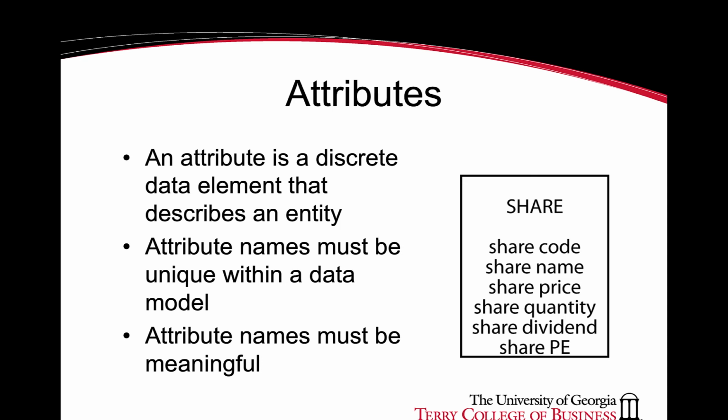We might want to know the student's first name, their last name, their year of graduation, their major, and their date of birth. These are all attributes of the entity student. Now, attribute names must be unique within a data model.